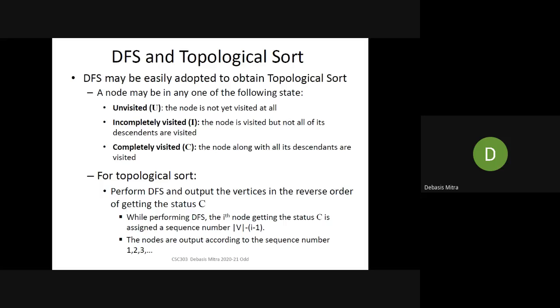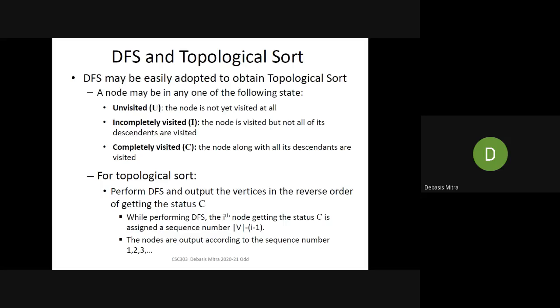And then there may be a node which you have visited through DFS, but its job is not completed because you have not completed traversal of the entire subtree, I mean all descendant nodes yet. Unless and until you complete visiting all the descendants of a node, even if you have visited that node, it will be labeled as incompletely visited.